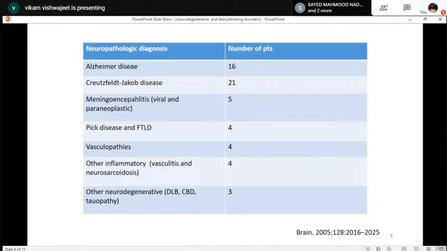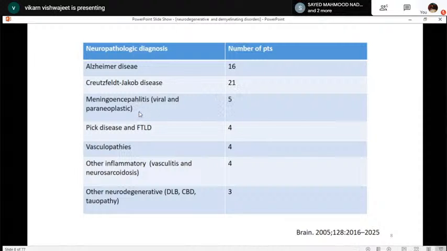In one center in London, they did biopsy of the brain to diagnose neurodegenerative disorders, particularly those cases where the dominant presenting symptom was dementia. In their study, they found Alzheimer's disease accounted for 16 cases out of a total of 51. Then Creutzfeldt-Jakob disease, which is a prion disease, was seen in 21 patients.